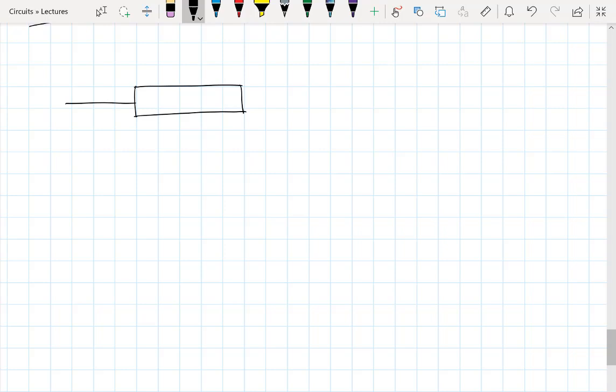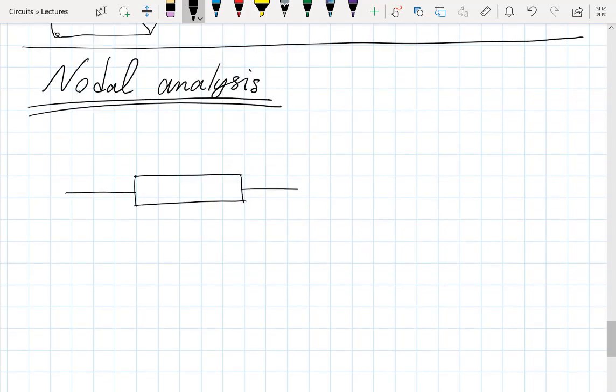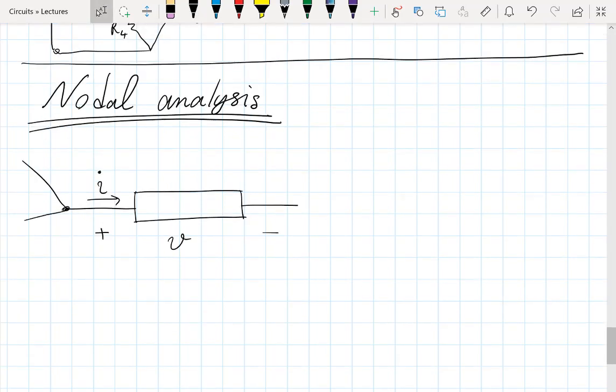This is some element, and you define some voltage and current for it. So you call this V, and you call this I. And you're putting this in a circuit connecting to a bunch of other things. Imagine this is connected to this branch and some other branch and some other branch.